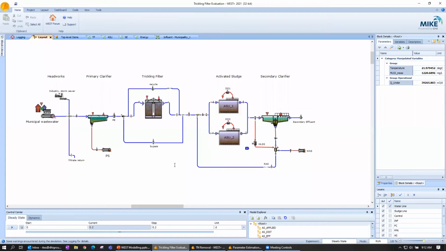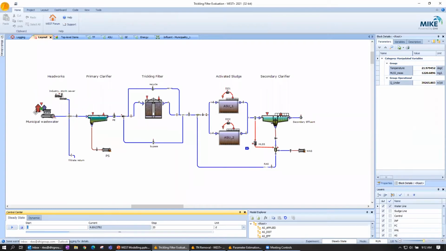So let's just start by running. I'll run a steady state model of this plant, but it's pretty simple. I haven't put too much detail into this yet, and that's because it's a planning study and we're just looking at some steady state options.